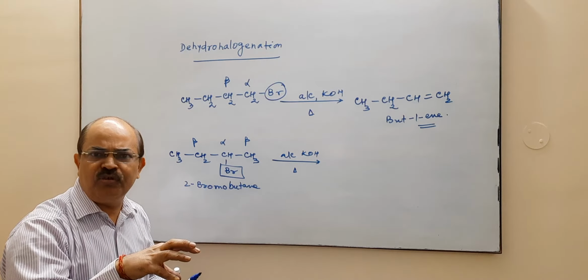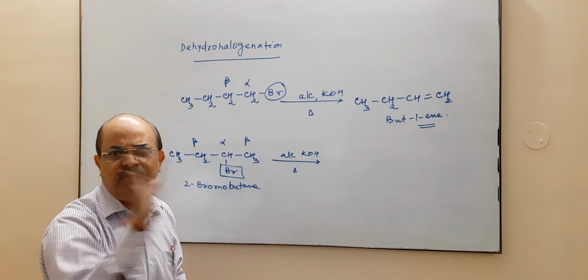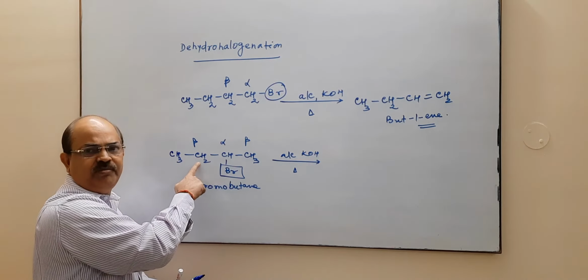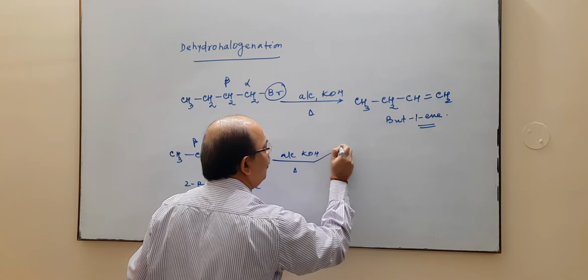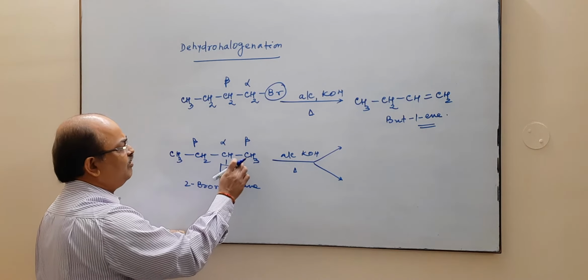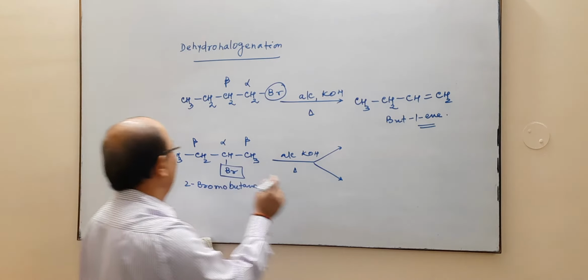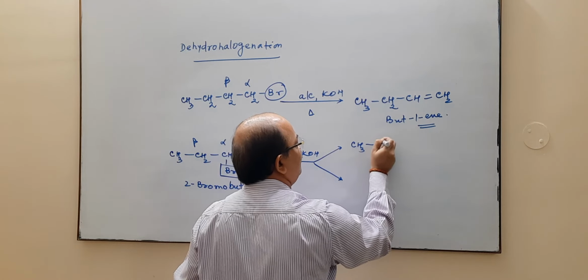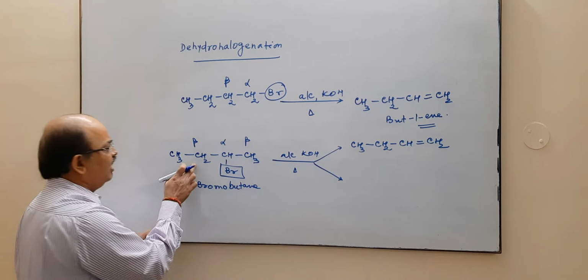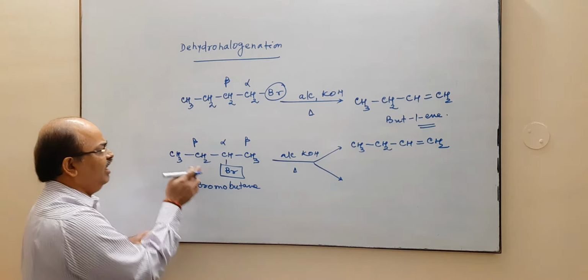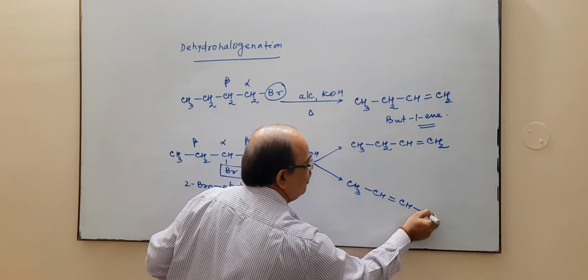Because the beta carbon is the carbon right next to the carbon on which the halogen is present. So this can be beta, this will be beta, this will not. Now we have two different products. If hydrogen is removed from this beta carbon, then the product is CH3CH2CH=CH2. And if hydrogen is removed from this beta carbon, then the product is CH3CH=CHCH3.